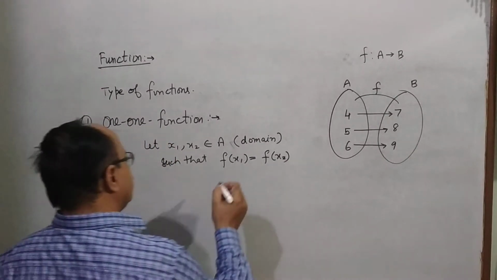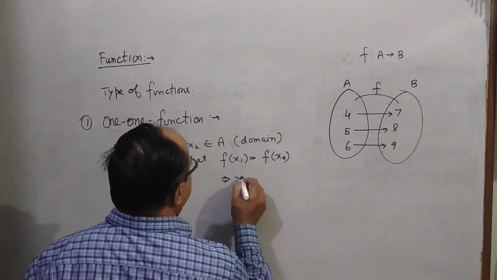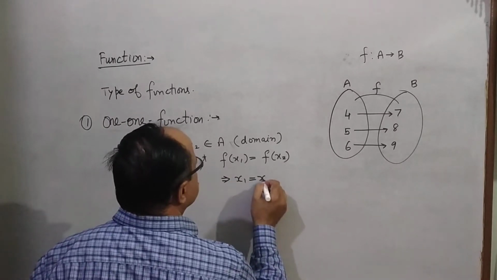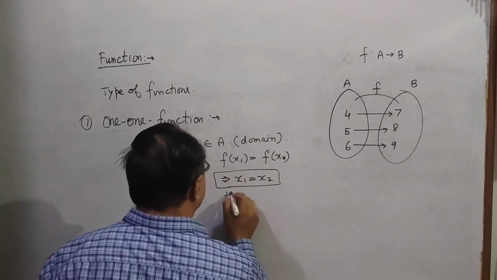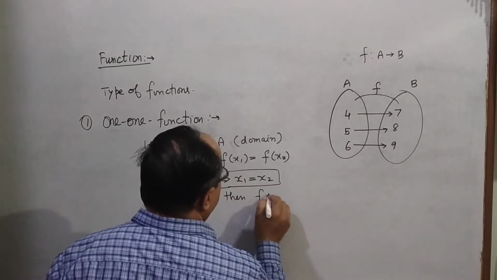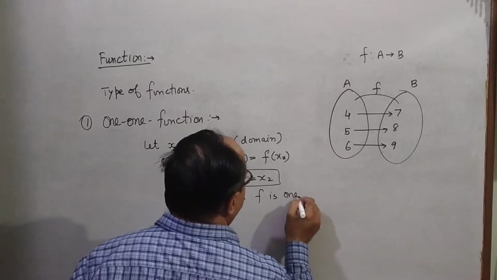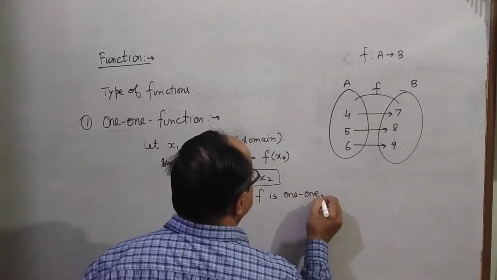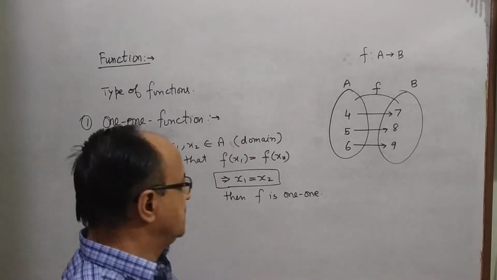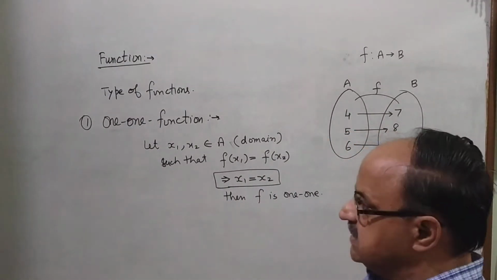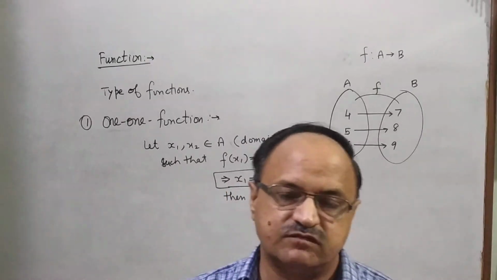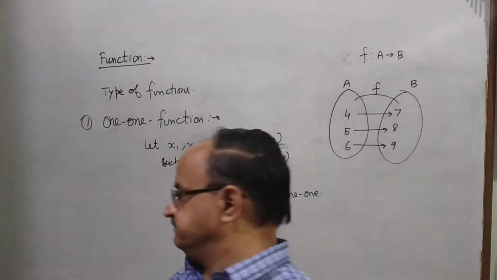With the help of this, if you prove that x1 is equal to x2, then you can say the function is one-one. Clear? If the function is not one-one, then it is called many-one.